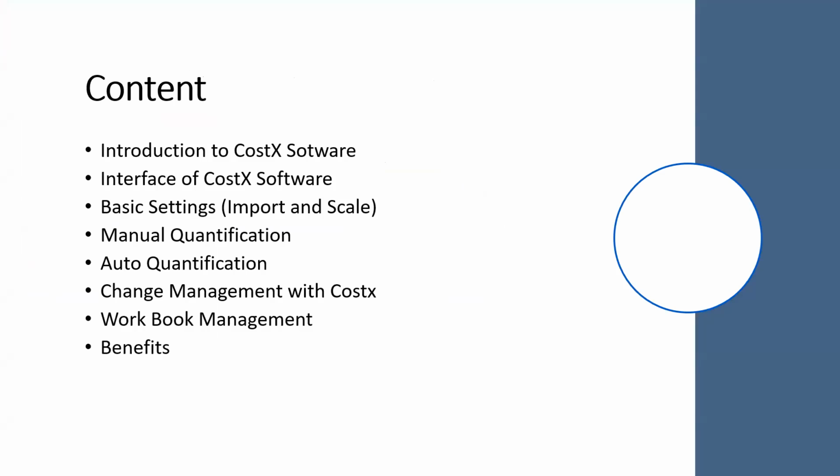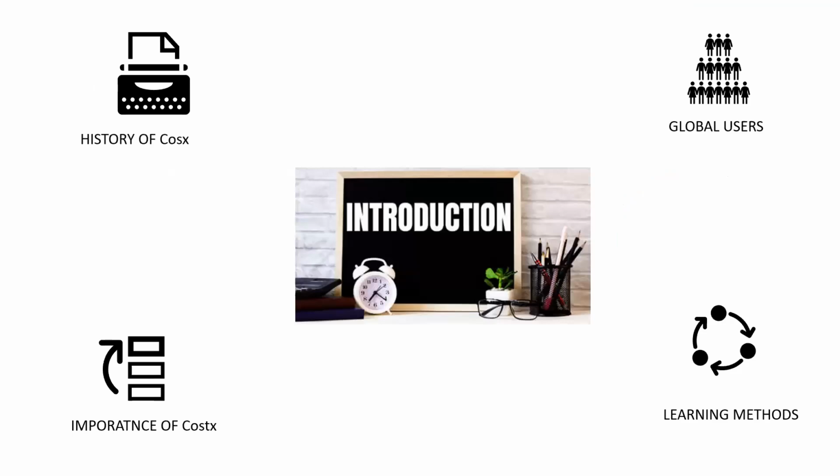I will introduce Costex software, then explain the interface, basic settings, manual quantification, auto quantification, change management with Costex, workbook management, and benefits. History of Costex software: the software originated in Australia and has more than 15 years of history now.